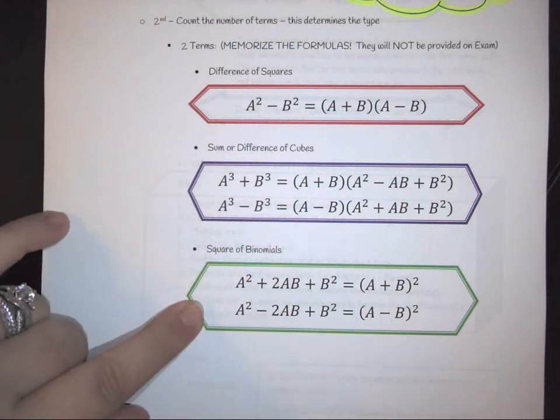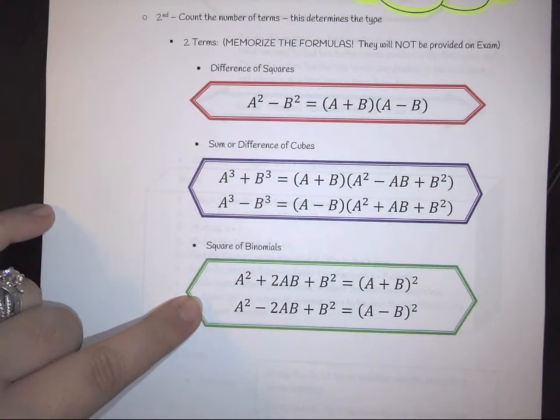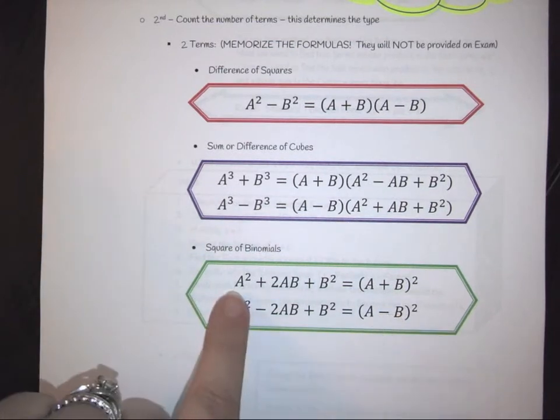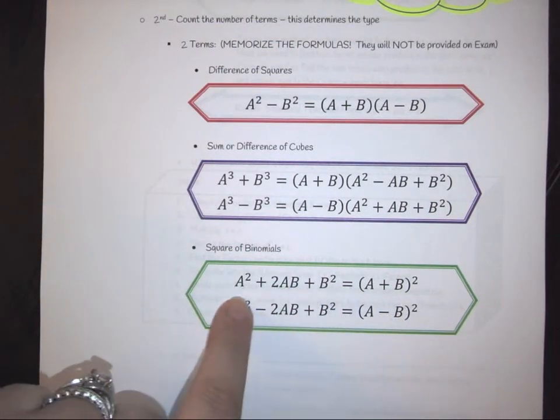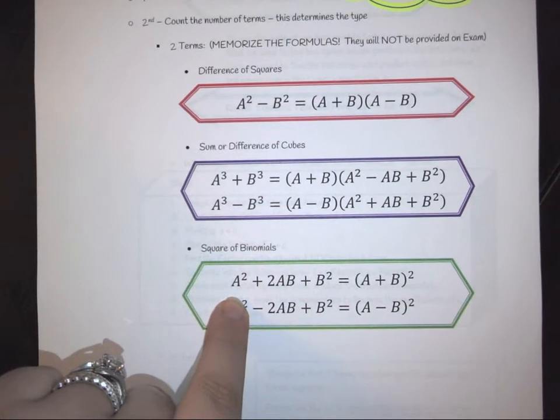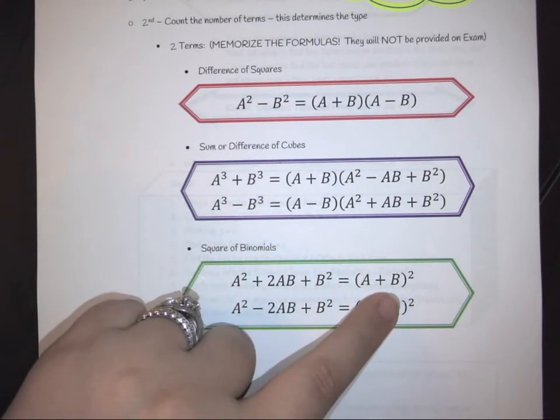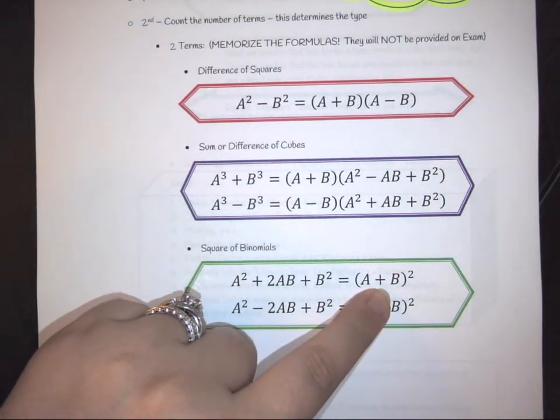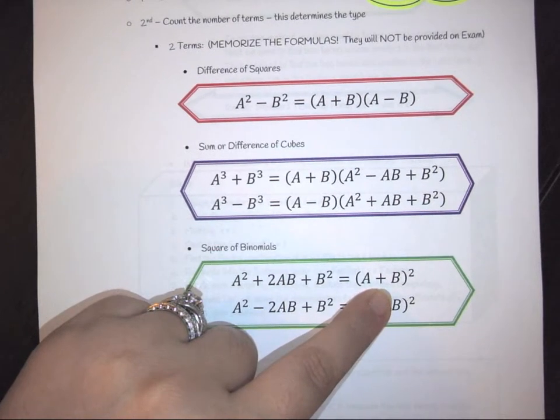Now the last two-term type is what's called square of binomials. So what that means is that you have a perfect trinomial sitting here, which means it will factor down into the same identical binomial twice. So we call that the square of binomials, because why write it twice if we only need to write it once?